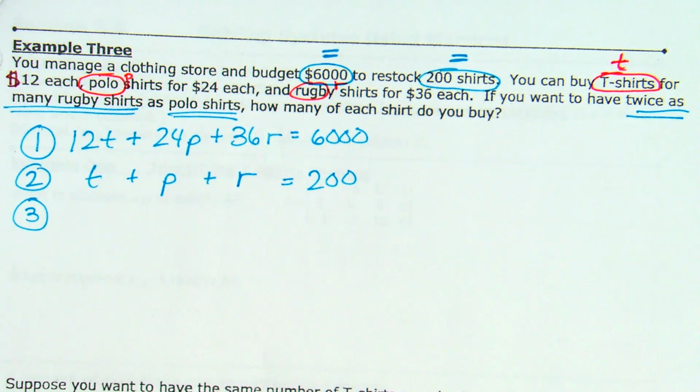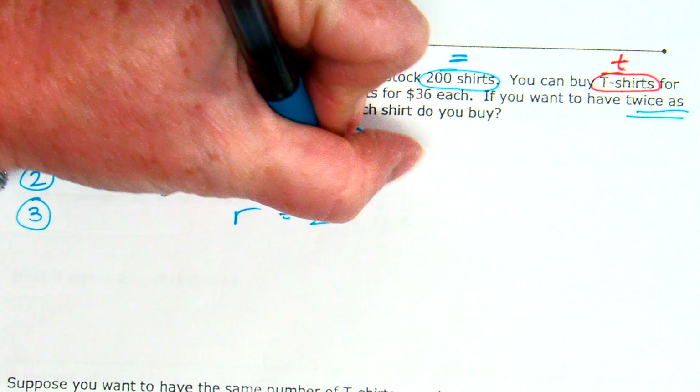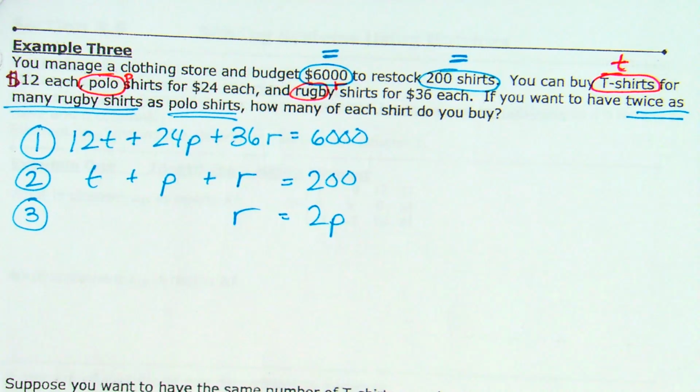So more rugby shirts, right? Less polo shirts. So if I want more rugby shirts, I'm going to have to take the number of polo shirts and multiply it by 2. So the equation I'm going to write is R equals 2P. Because rugby is the bigger one, the one we want more of, we're going to say R equals, and to get that rugby, it's 2 times the lesser polo shirts.